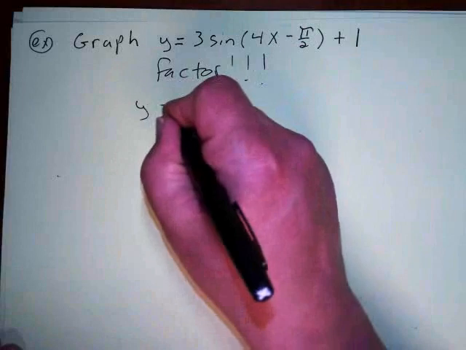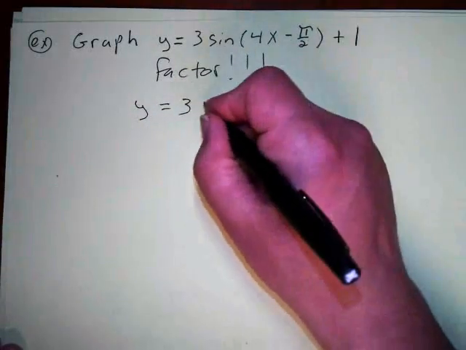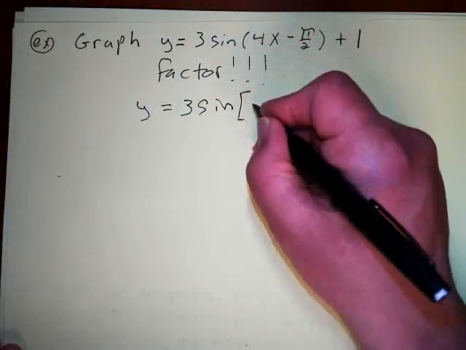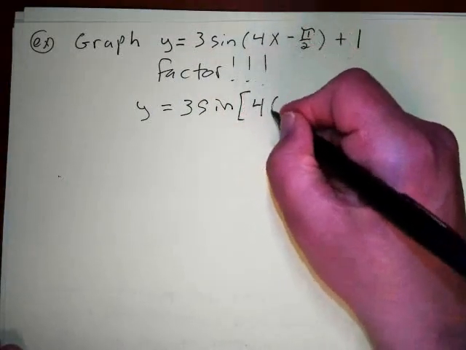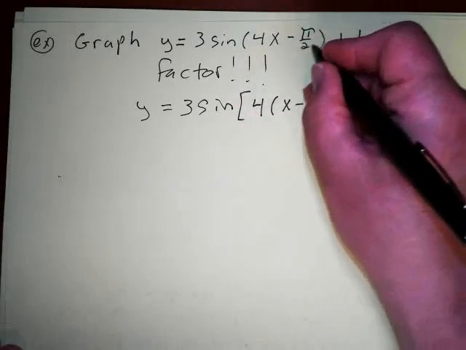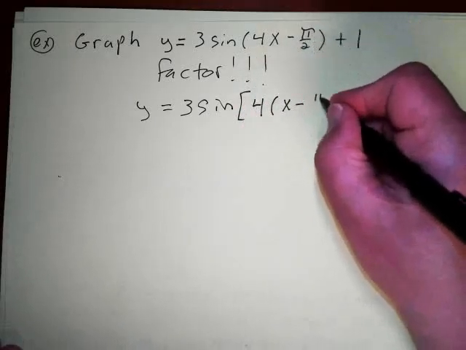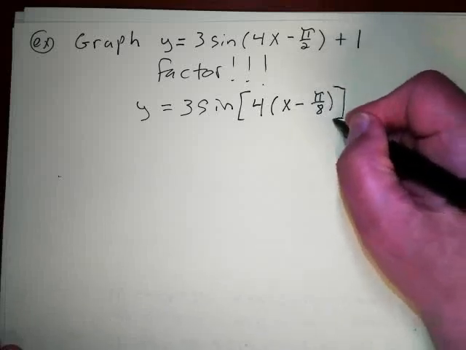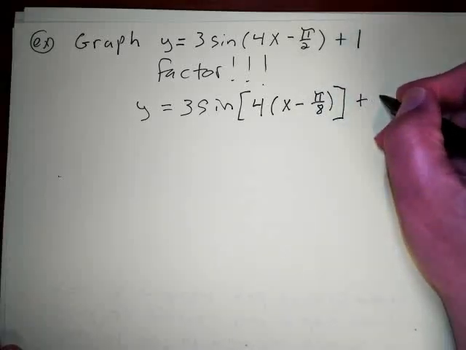I mean, what I'm going to graph here is 3 sine, and then I'm going to take this 4 out, like that, and then this would be x minus, and now I need to divide that by 4, so that would be x minus pi over 8, and then this would be plus 1.